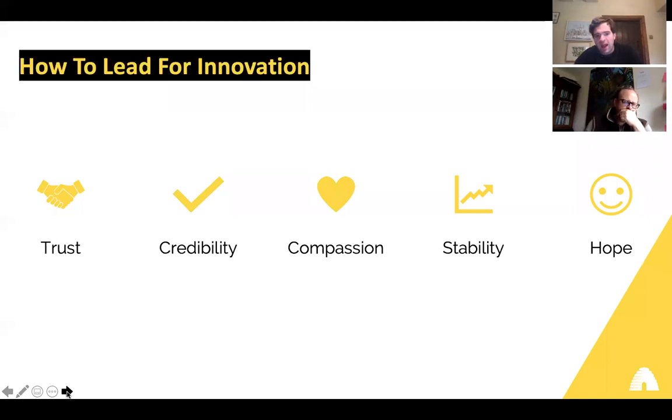And we've been talking a lot over the last few months about what people need and expect from their leaders in our current climate and probably going forward. This is our hunch and based on our research, that people in organizations are going to be looking for these 5 things from their leaders. They're going to be looking for higher levels of trust in their leaders, but also trust from their leaders.